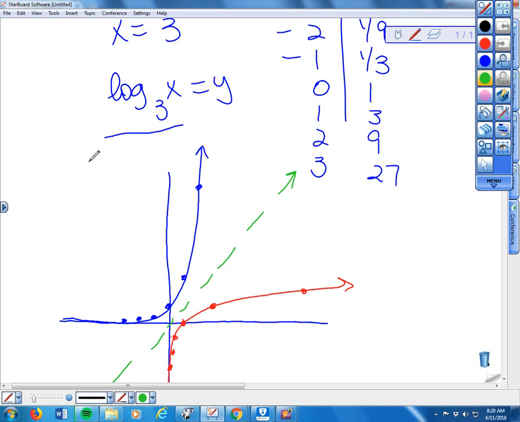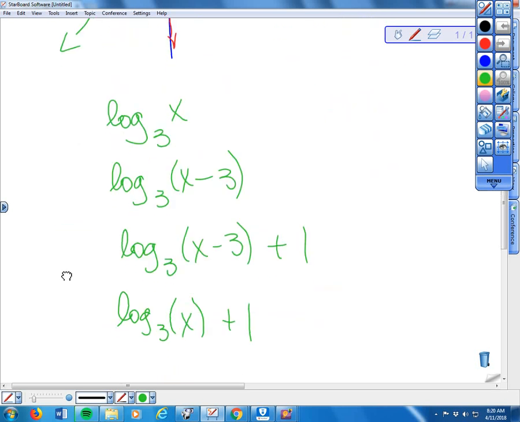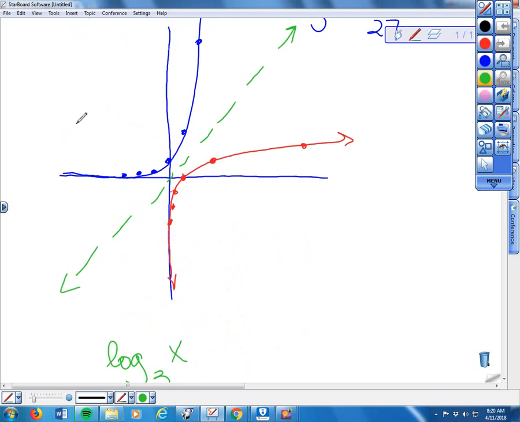Okay, the other thing that's interesting is if this number b here is between 0 and 1, okay, now the graph, instead of going up, is going to come down. Because remember, with the exponential graph, if it's 1/3, it's actually a decay.